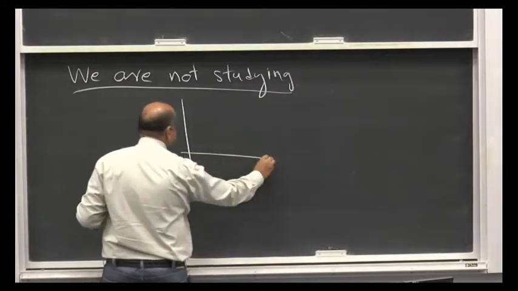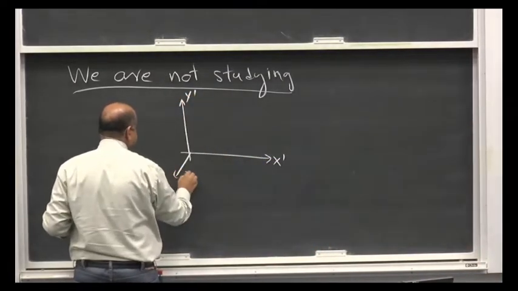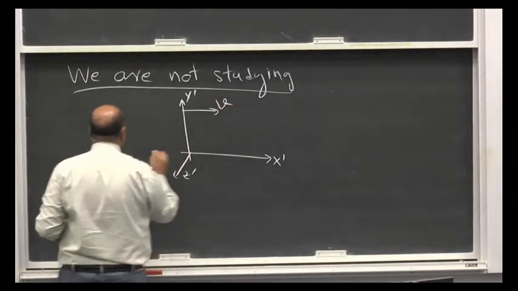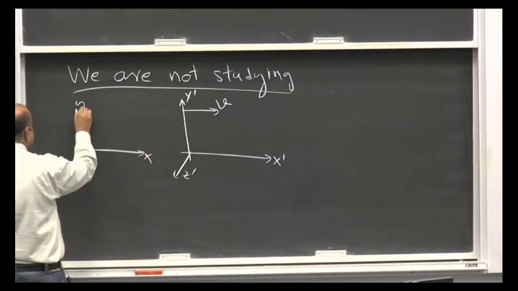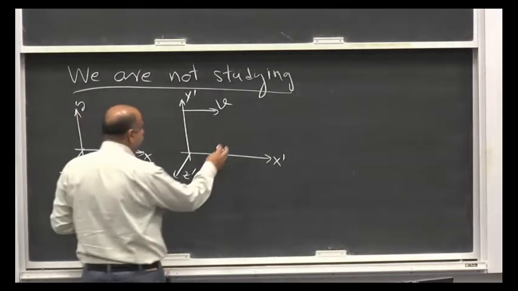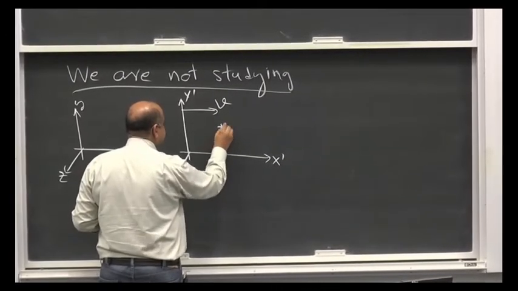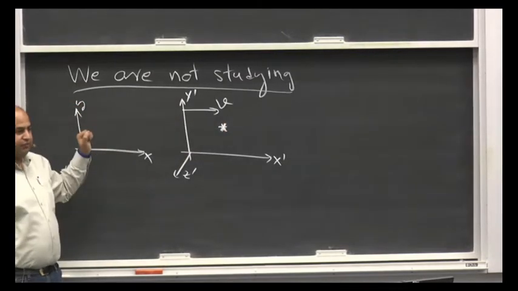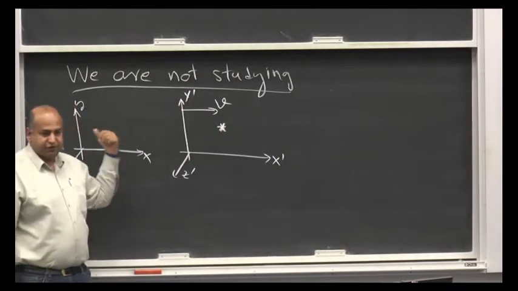So we have seen that if we have a frame which is moving with speed v with respect to another frame, and if two events happen at the same position again and again, we know how to translate the proper time into the other frame, or we can translate the proper length to another frame.